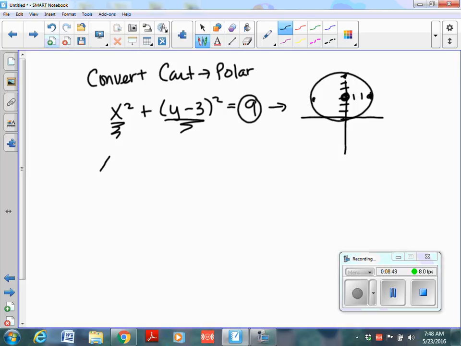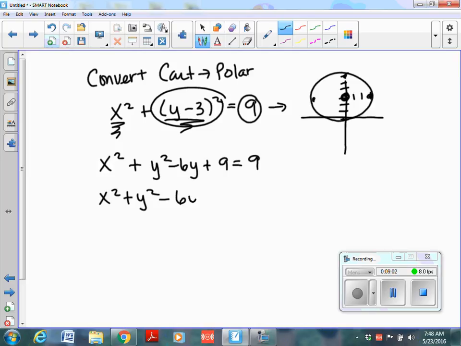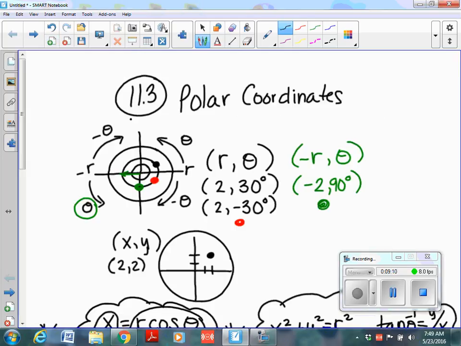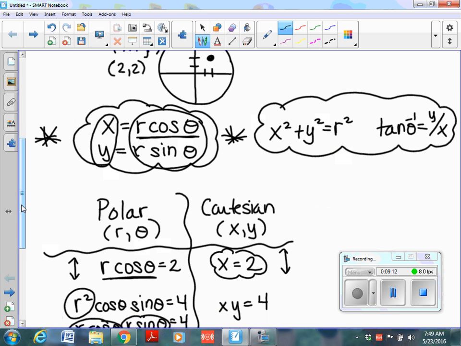So I'm just going to go x squared plus, if I square this, I'm going to get y squared minus 6y plus 9 equals 9, which makes x squared plus y squared minus 6y equals 0, because the 9's cancel out. Okay, x squared plus y squared equals what?